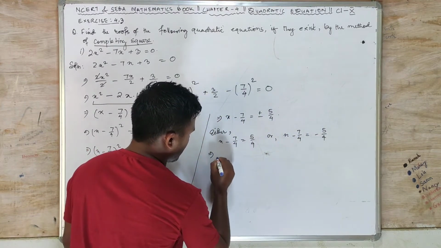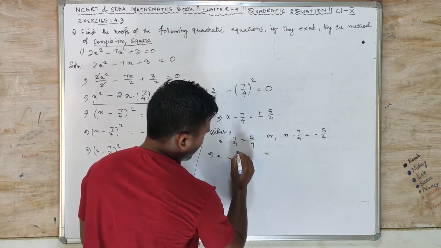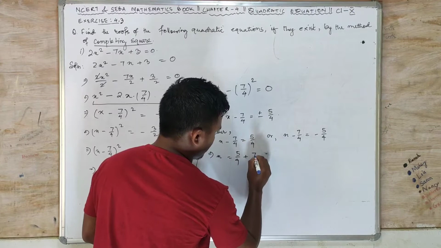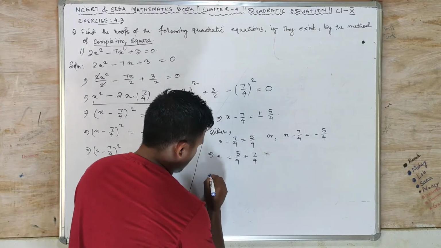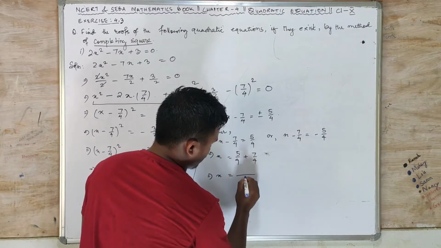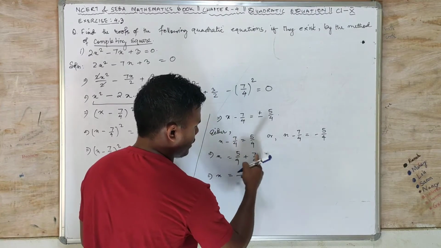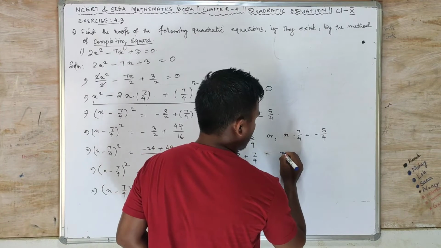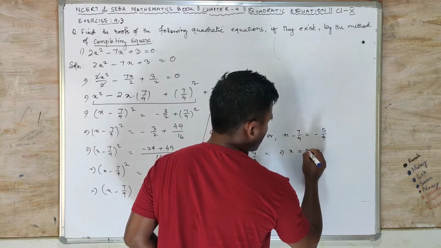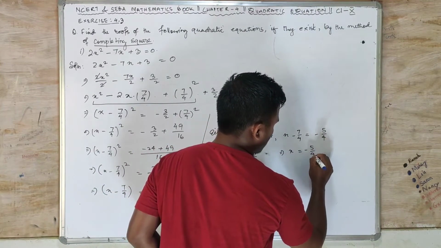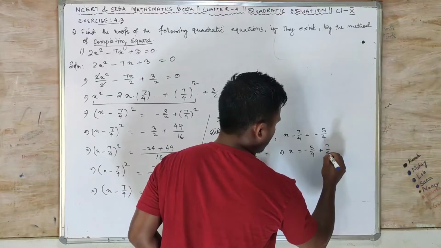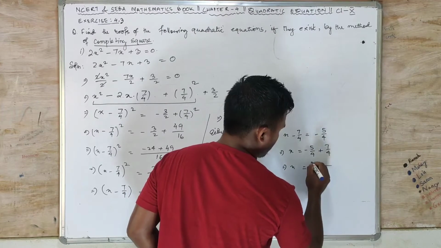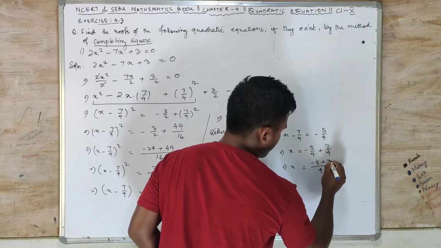Now x is equal to 5 by 4, this minus you transfer, plus 7 by 4, then x is equal to, 4 and 4, LCM is 4, and then 5 plus 7. On this side, x is equal to minus 5 by 4, and then plus 7 by 4, and then x is equal to minus 5 plus 7 over 4.